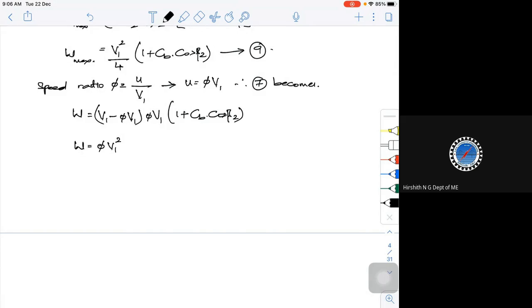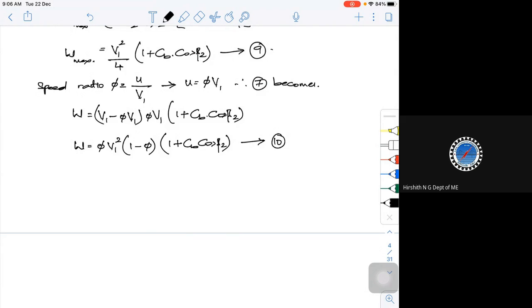So phi into v1 square, if I take it out, this will be 1 minus phi into 1 plus cb into cos beta 2. Let me call this expression number 10. So this is the expression in terms of phi and v1.